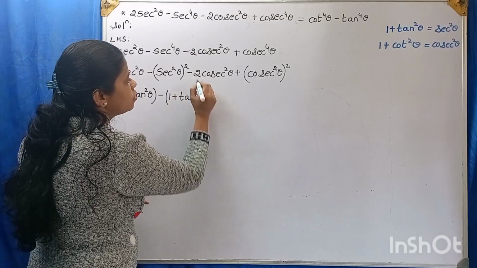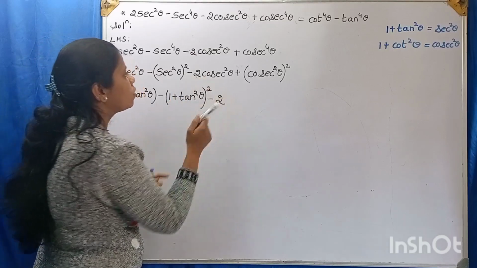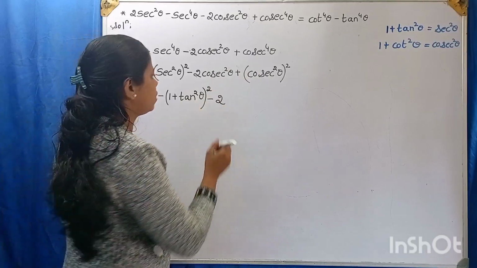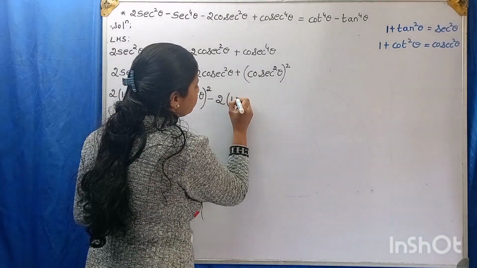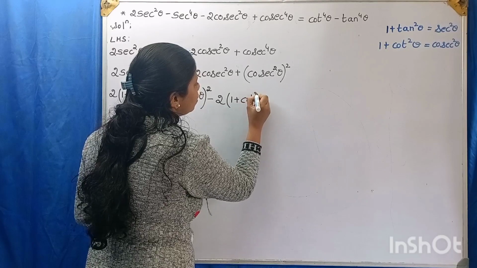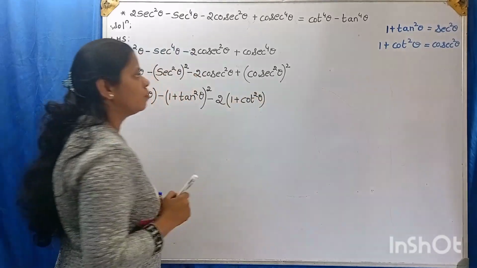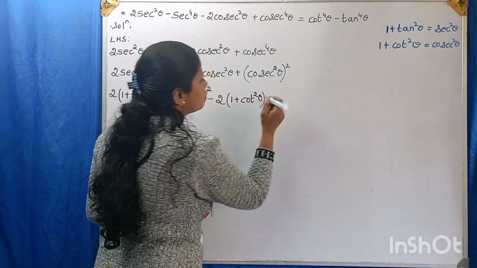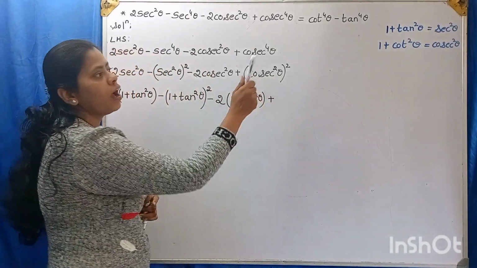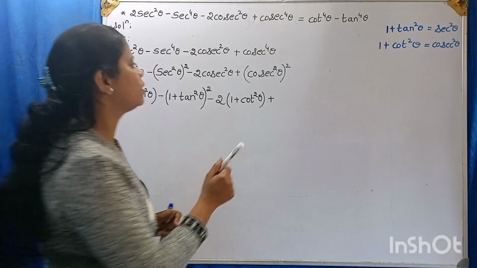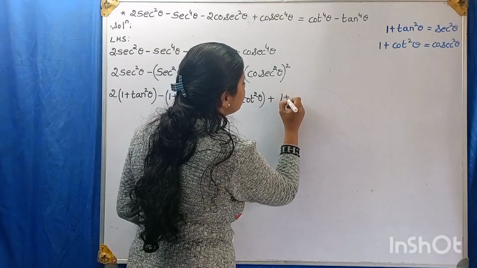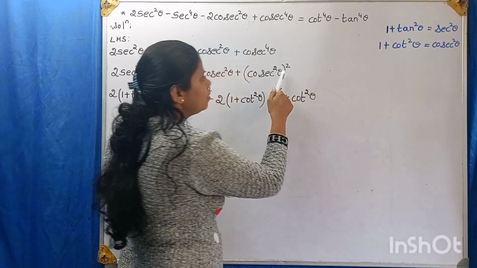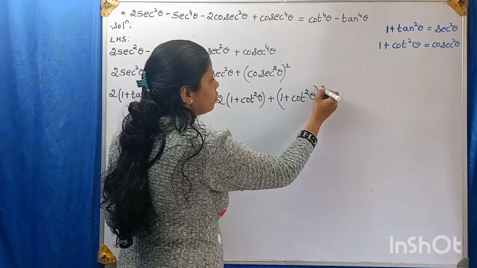Minus 2 into this cosec²θ, I will write it as 1 plus cot²θ. Then plus, this cosec²θ, I will write it as (1 plus cot²θ) and the whole square.